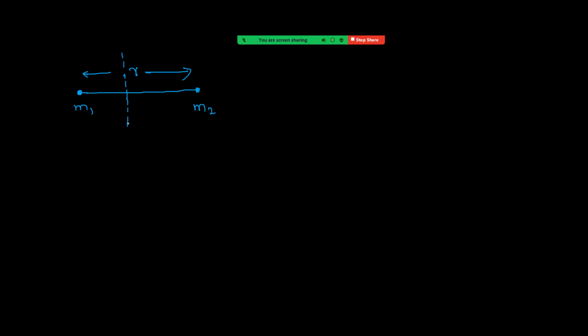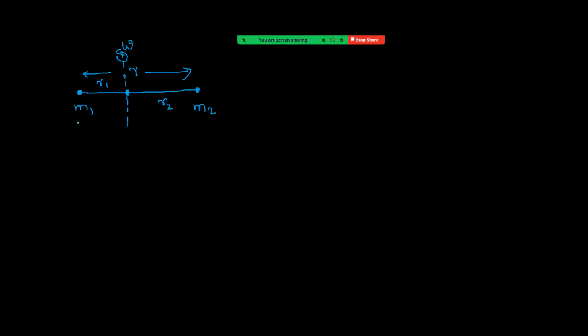Let us take this as the center of mass. The distance of m1 from the center of mass, take it as r1. The distance of m2 from the center of mass, it is r2. And this is given now, angular speed omega.